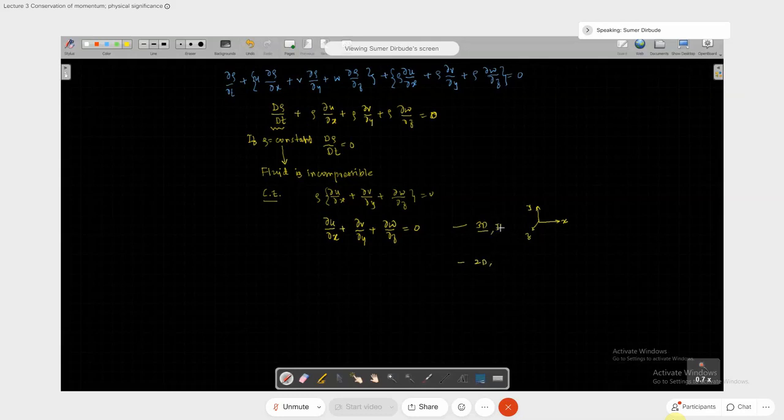For a 2D problem, you can say ∂u/∂x plus ∂v/∂y. 2D means I have only two axes, not necessarily x and y; it can be y and z, or x and z, any combination of two axes. Let us say we have x and y, so ∂u/∂x plus ∂v/∂y is equal to 0.